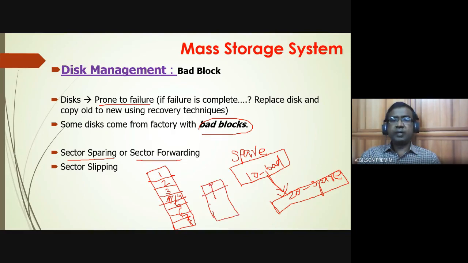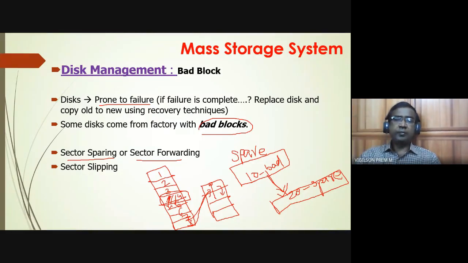Up to this point I have data, and these blocks are free. Now we identify an error, so this is considered a bad block or bad sector. Now 9 will move here, 8 will be moved here, 7 will be moved here, and 4 will be moved here. That is, moving each and every sector one step further to store the data.